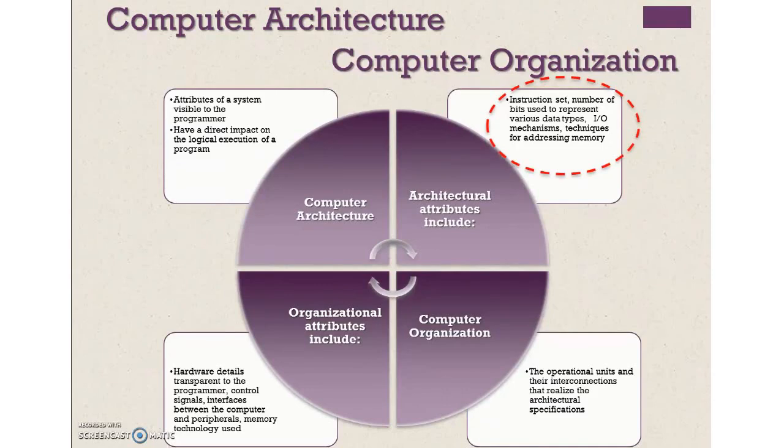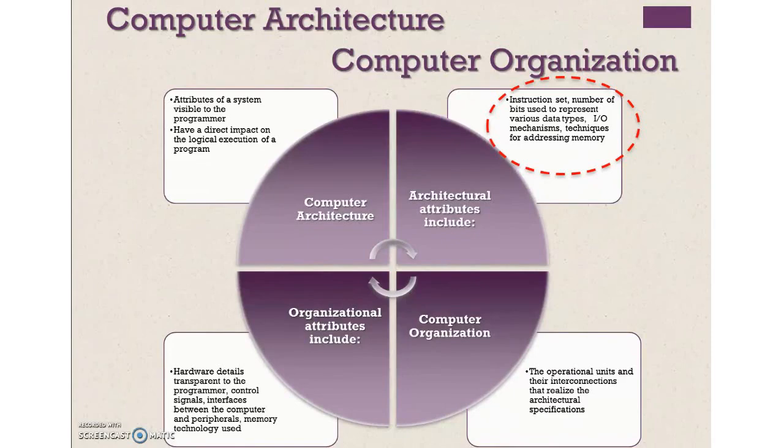Issues such as instruction format, instruction opcode, registers, instruction and data memory, in addition to the effect of the executed instruction on the register and memory, and an algorithm for controlling instruction execution. While computer organization refers to the operational units and their interconnections that realize the architectural specification.